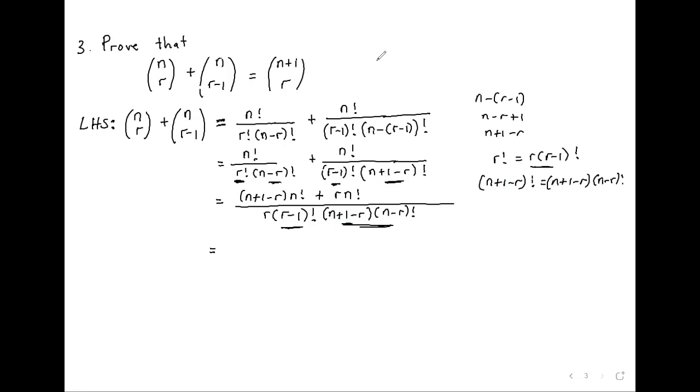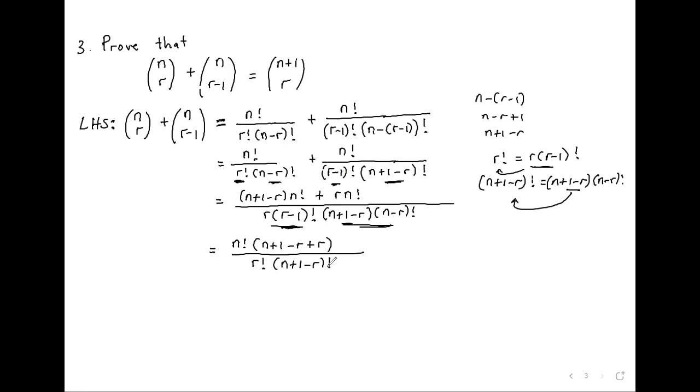And then what is common on top? We've seen that n factorial is common on top. So then we'll have n plus 1 minus r plus r over, well, this we can write in its r form. So say r factorial, and this one also in this form, so that we have n plus 1 minus r factorial.